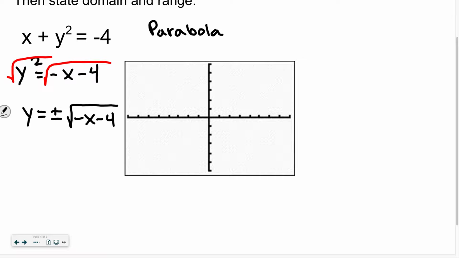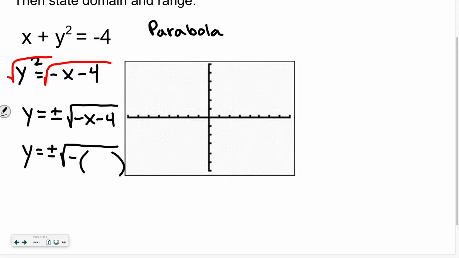Okay. The one thing that you have to be really careful about, in order for you to get the left and right shifts, you have to factor out this negative first. So I'm going to write it again. y equals plus or minus the square root of negative. And because it says minus 4, it looks like it might be going right 4.